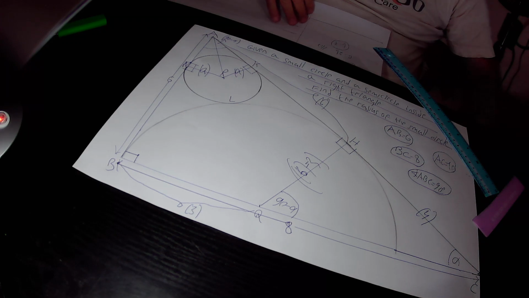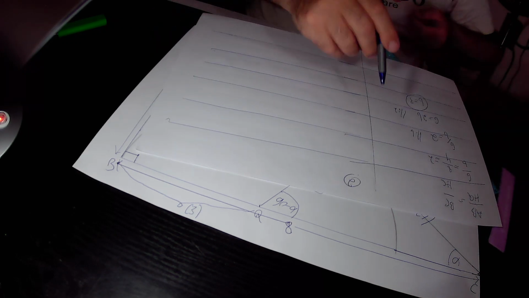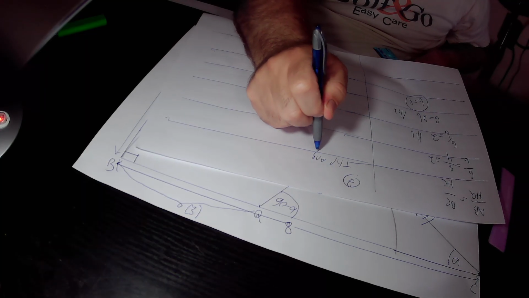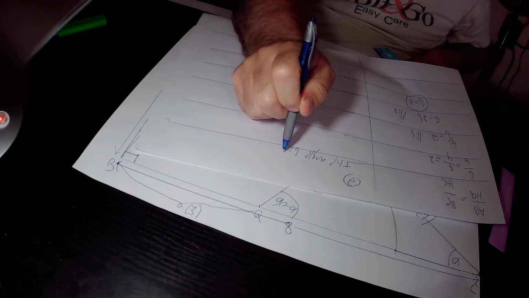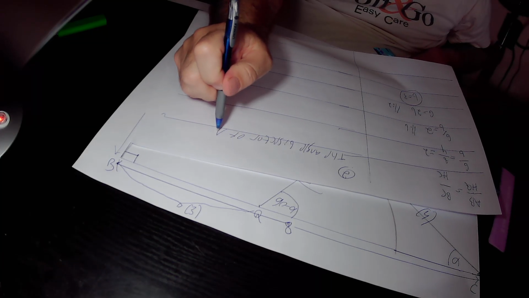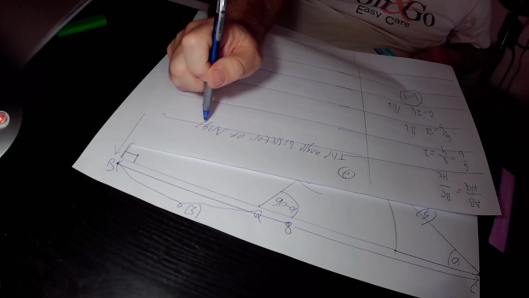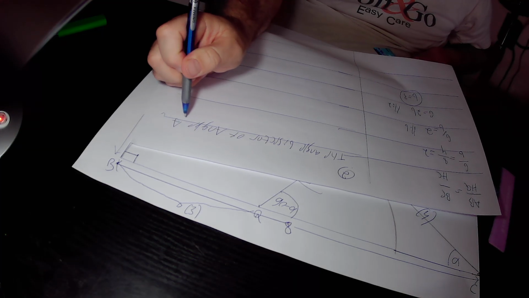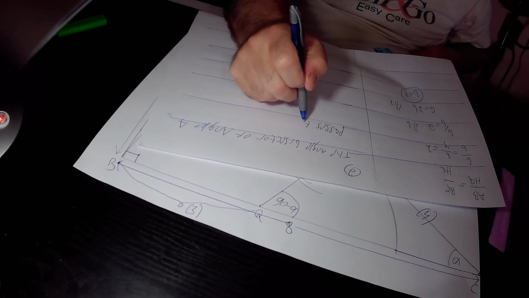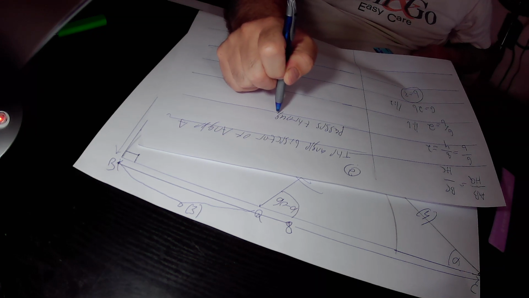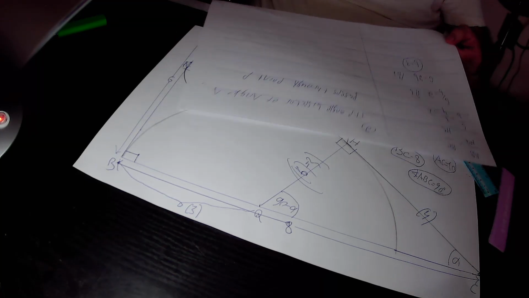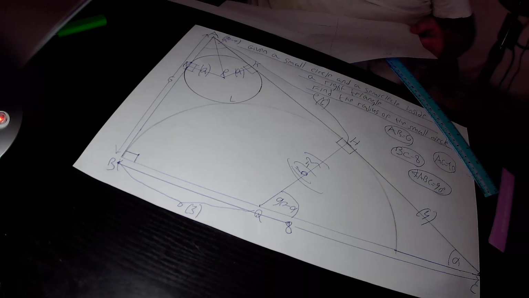We actually found out that the angle bisector of angle A passes through point P, that is the center of this small circle.